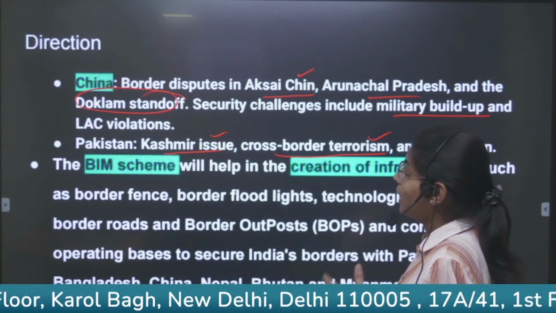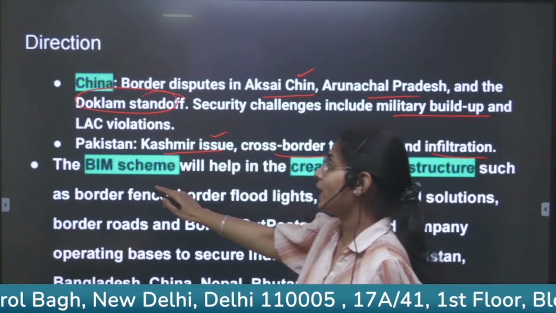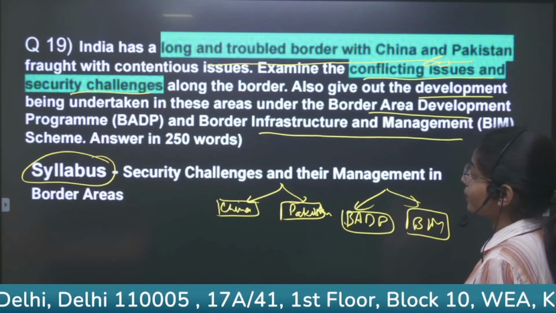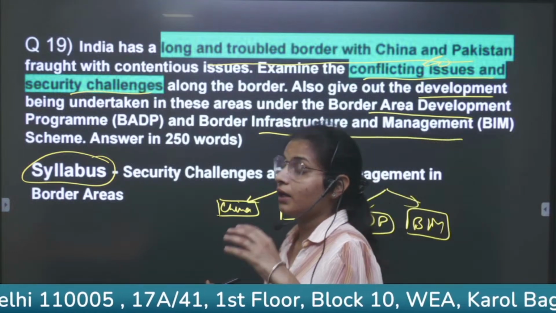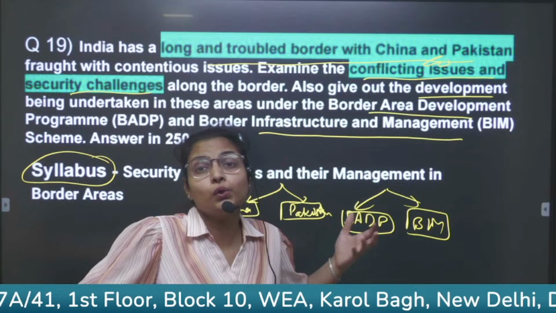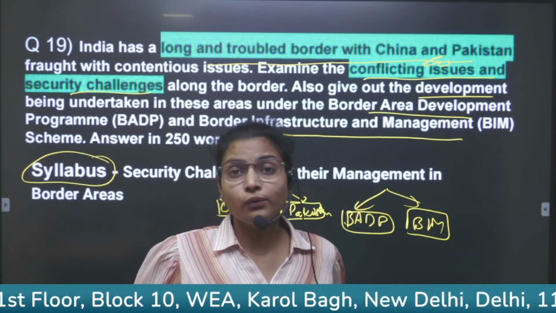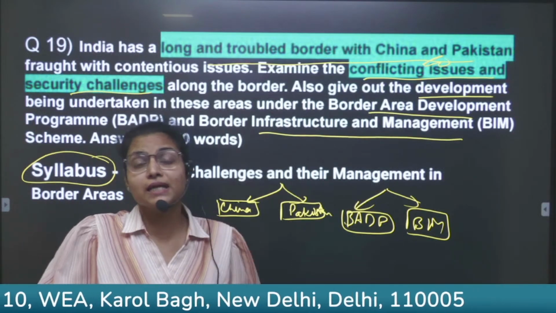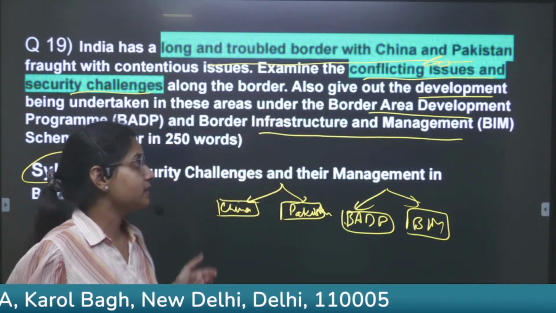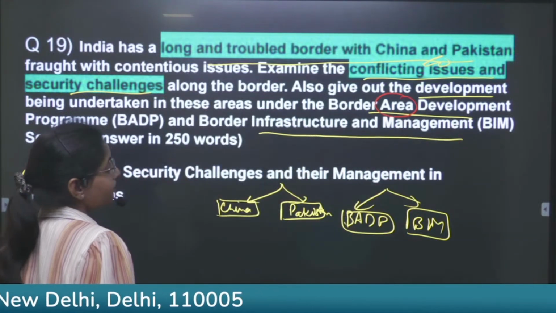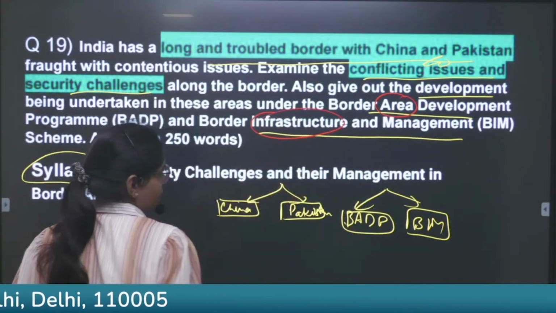After writing about the problems, you need to write about the BIM and the Border Area Development Program. Now maybe if you are appearing for the exam, there could be a chance that you don't know about these programs, but you need to think about how to derive some basic points from the header itself, like it is talking about the Border Area Development Program, and it is talking about infrastructure.